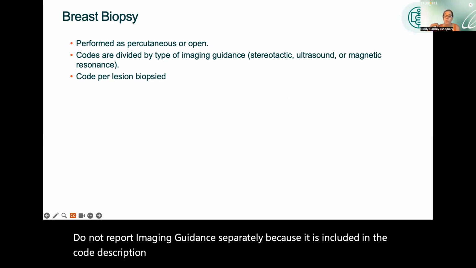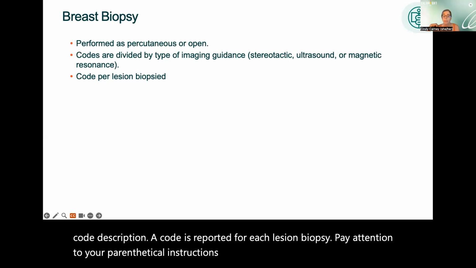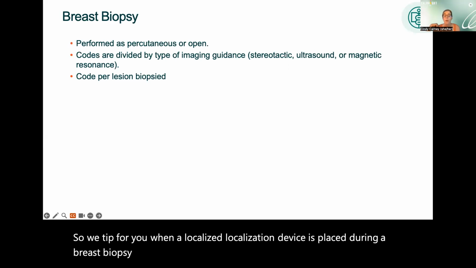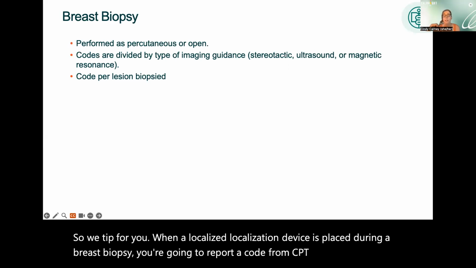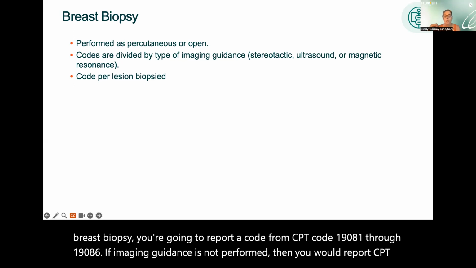A code is reported for each lesion biopsy. Pay attention to your parenthetical instructions. A tip for you: when a localization device is placed during a breast biopsy, you're going to report a code from CPT codes 19081 through 19086. If imaging guidance is not performed, then you would report CPT code 19100.